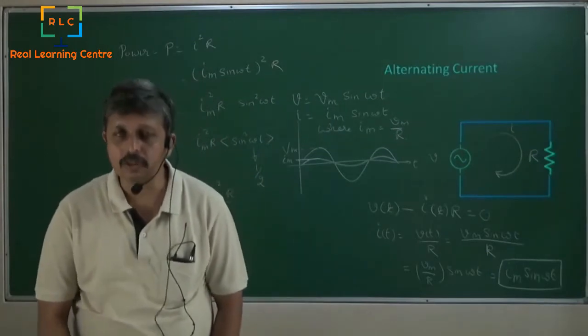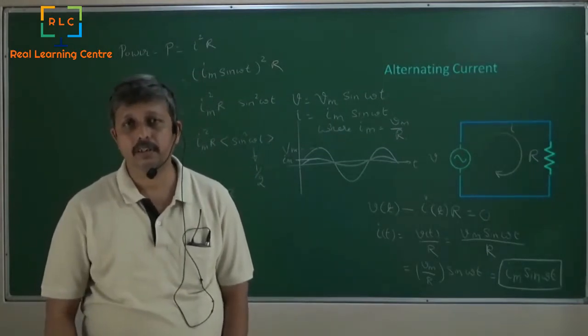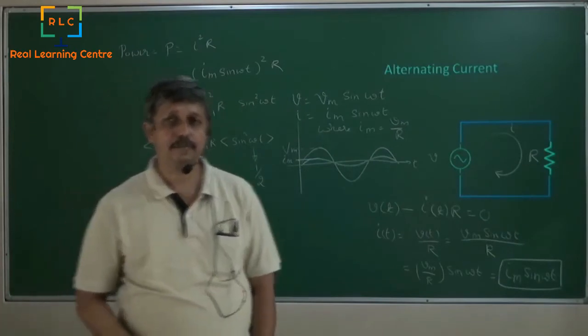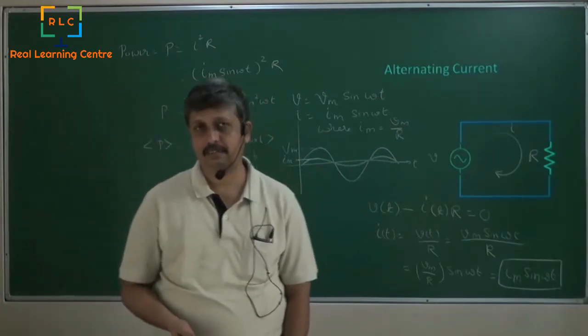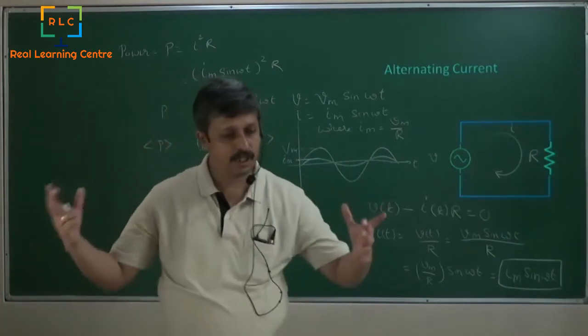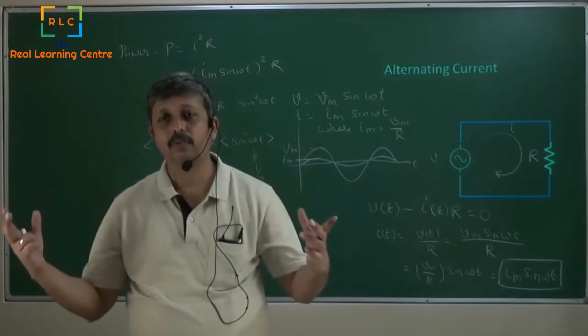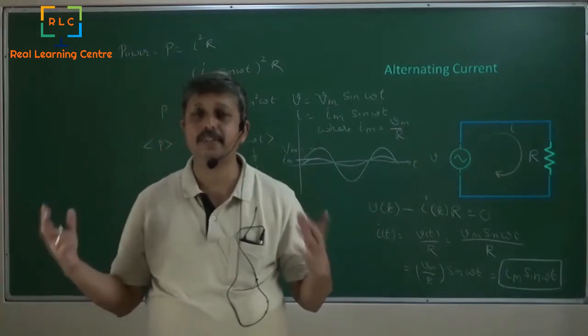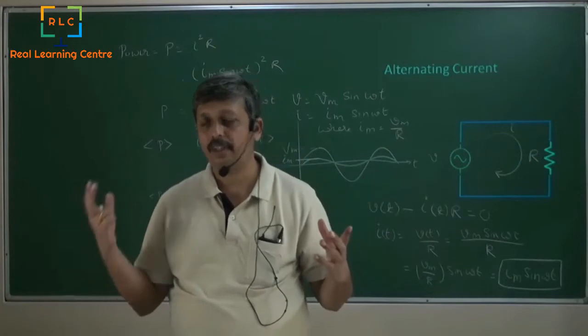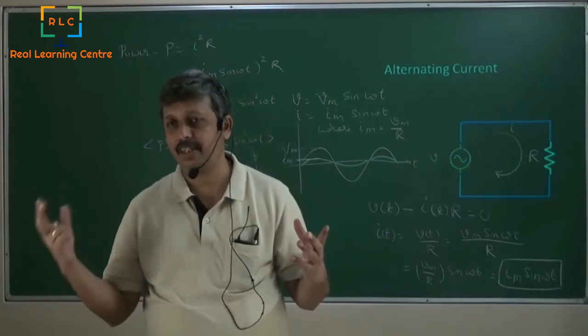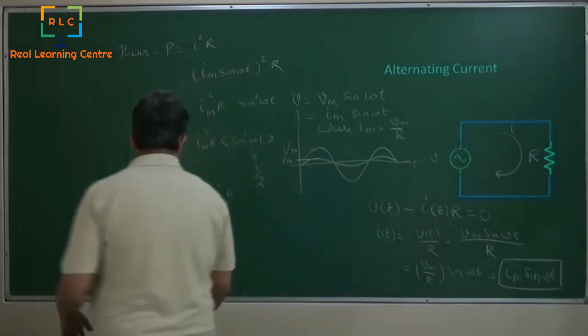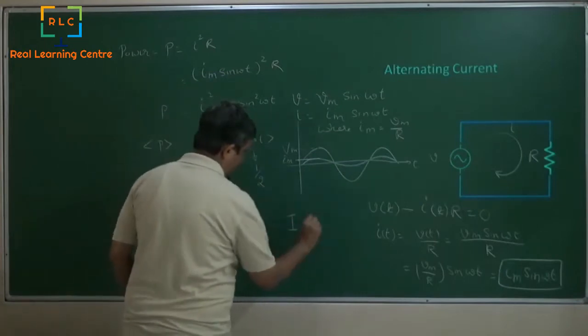Now we know that in the case of DC current, power was I square R. Let's say I take two exactly similar circuits. In one circuit, I will pass a DC current of, let us say, capital I, this much DC current.